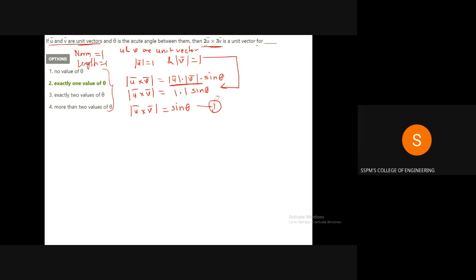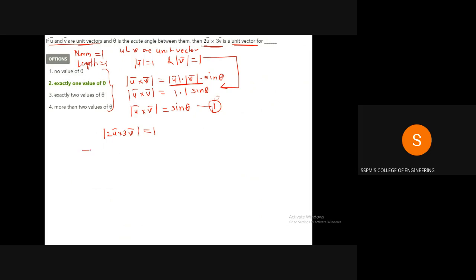Now we have 2 u bar plus 3 v bar to calculate. So it is also a unit vector. So 2 u bar cross 3 v bar is again a unit vector. So we can write 2 u bar cross 3 v bar is equal to 1, because it is a unit vector.